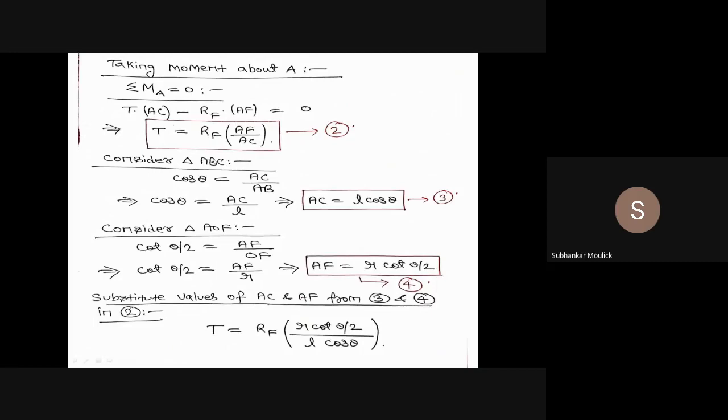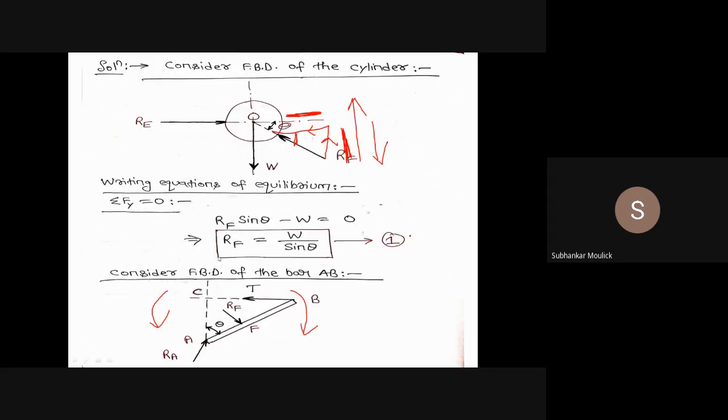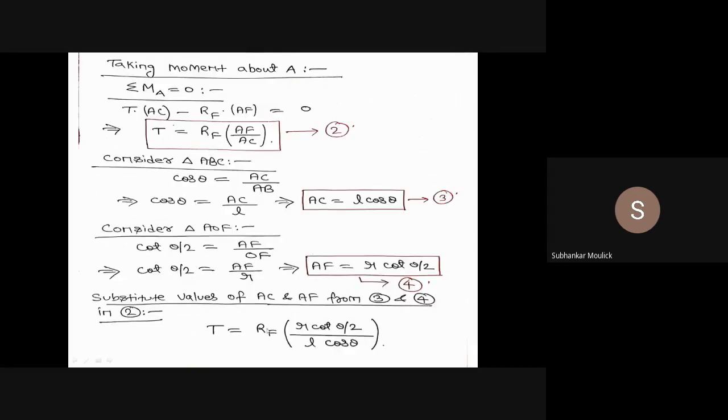So in order to find the values of RF, AF and AC, we are considering triangle ABC. If this angle is theta, I can write cos theta equal to base, that is AC, divided by hypotenuse AB. Cos theta is AC by AB.